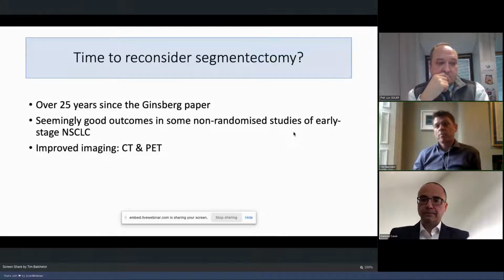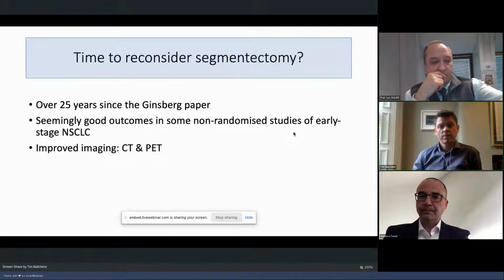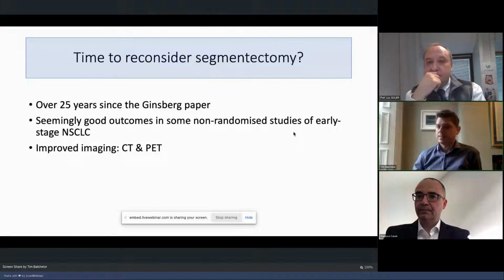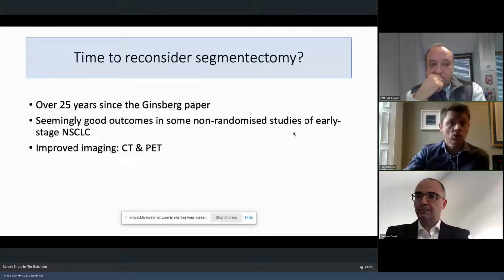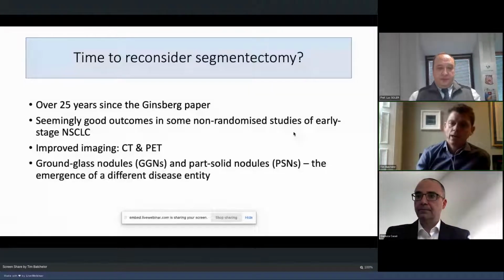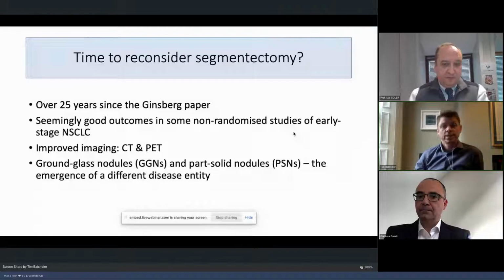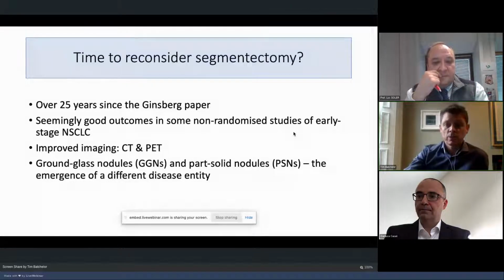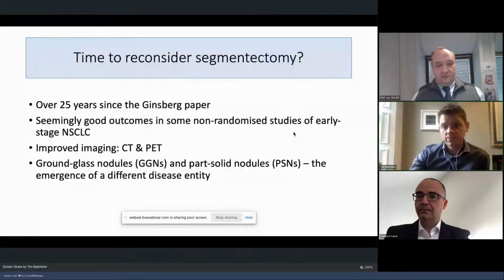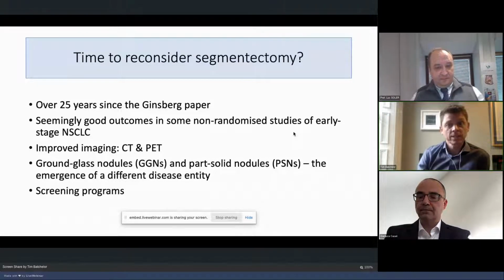You have to remember that at the time of the Ginsberg paper, they didn't have CT scan, they didn't have PET scan, and their follow-up and diagnosis was all based on chest X-ray. We appear to have a new disease entity that's emerged over the last couple of decades with ground glass nodules and part solid nodules. They behave differently, and maybe we should be approaching these things differently.